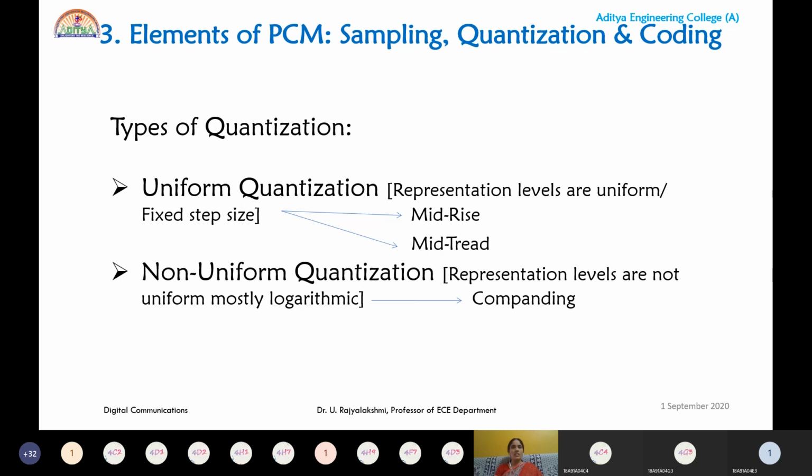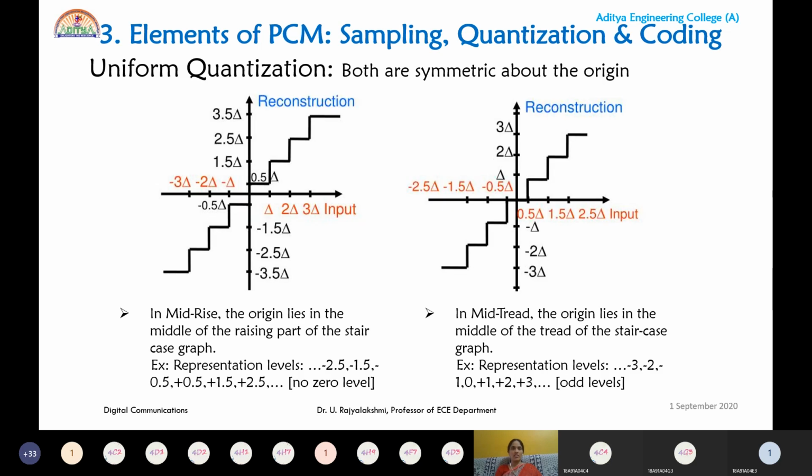Uniform quantization is classified into 2 types based on the origin location, which we discussed in the last class. In the mid-rise, the origin lies in the rising position of the staircase waveform.